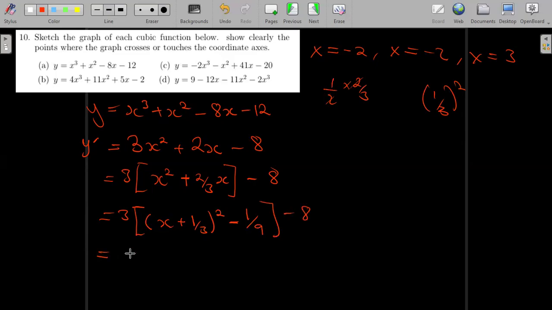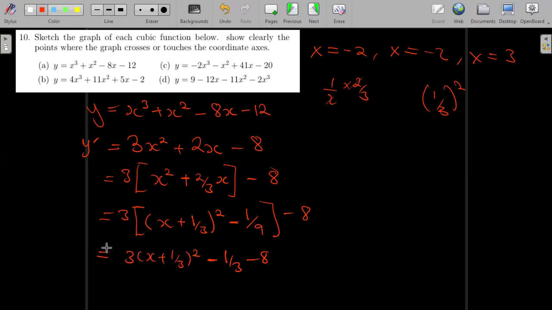Okay, then I can multiply the 3. Then I get 3 here, x plus 1 over 3 squared. Multiply it by there. So when I multiply 3 over, I get 1 over 3 again, then minus 8 there.